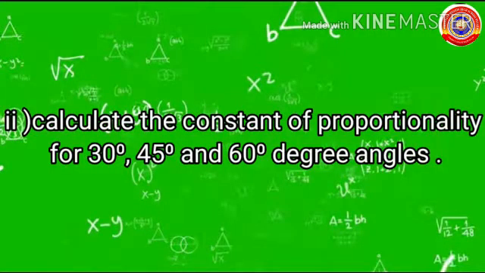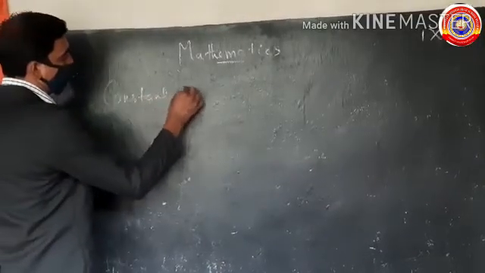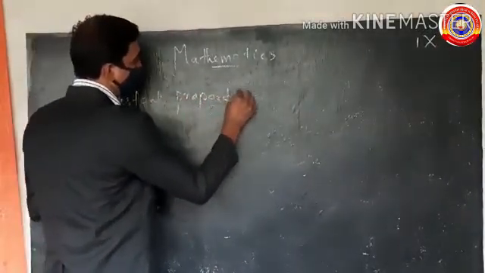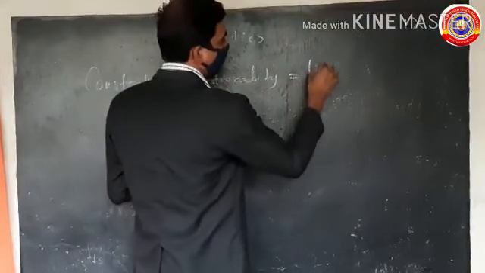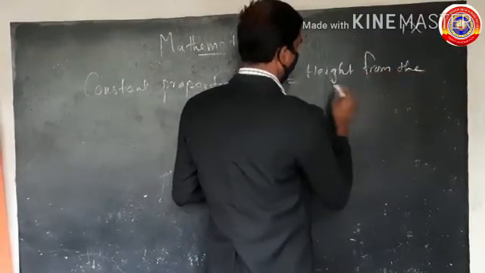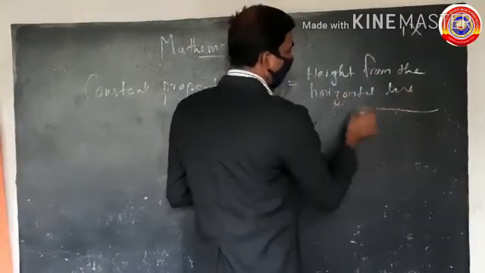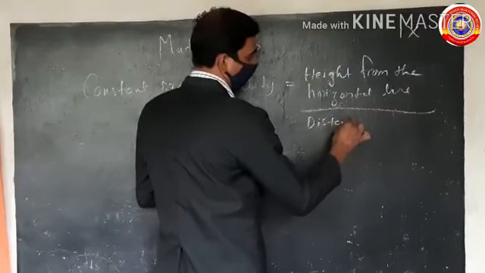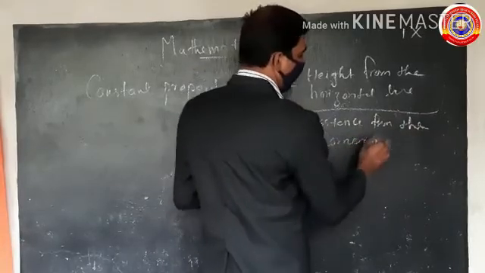The second sub-question asks to calculate the constant of proportionality for 30 degree, 45 degree and 60 degree angles. Here, the constant of proportionality is equal to the height from the horizontal line by the distance from the corner.